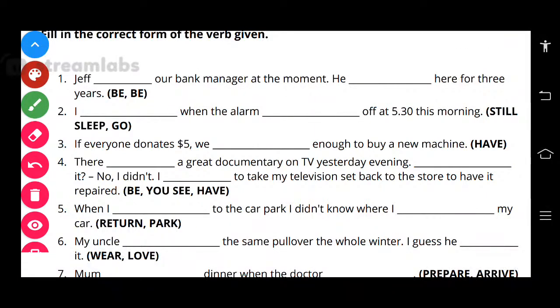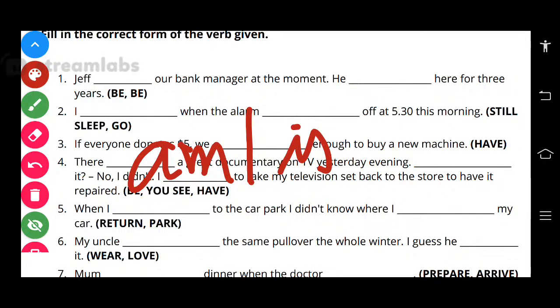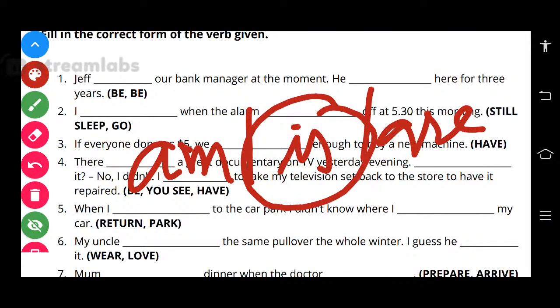So out of be forms we have to use present be forms. What are the present be forms? Generally present be forms are am, is and are. Out of this, is is suitable in the place of Jeff. So Jeff is our bank manager at the moment.